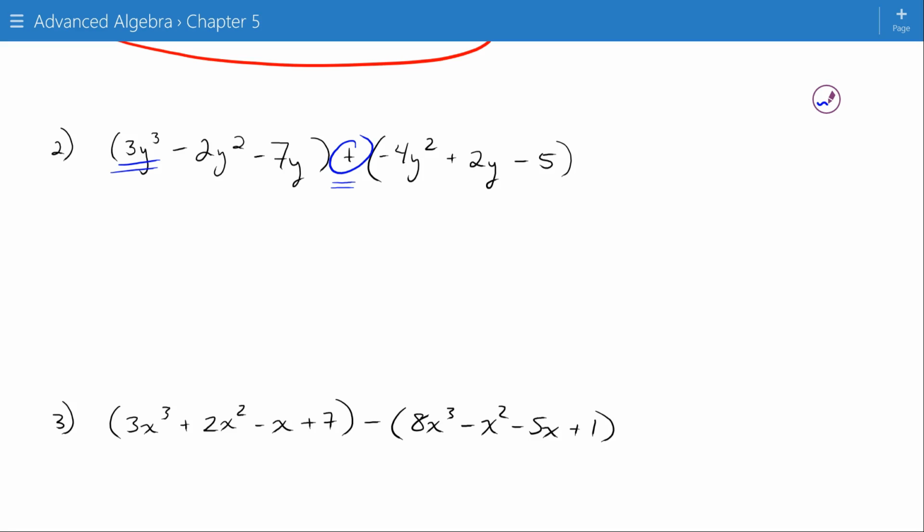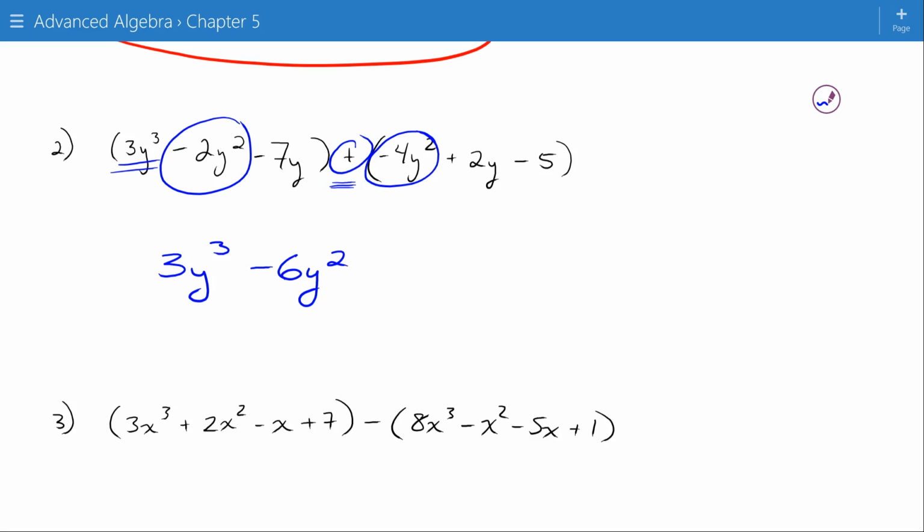So 3y cubed is going to add to any y cubes in the other one, but there aren't any. So it's just 3y cubed. And negative 2y squared, I'm going to add, because we have the addition, to the negative 4y squared, which gives me negative 6y squared. Negative 2 plus negative 4, negative 6y squared.